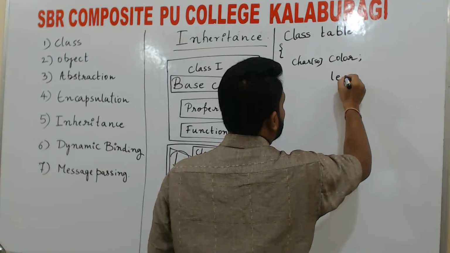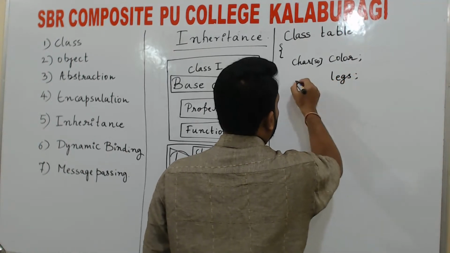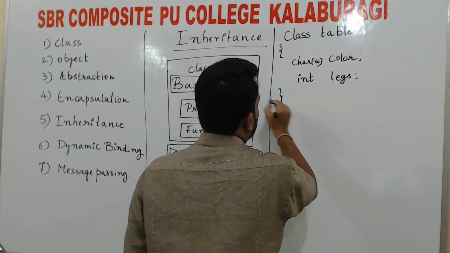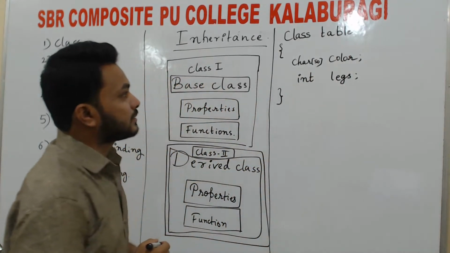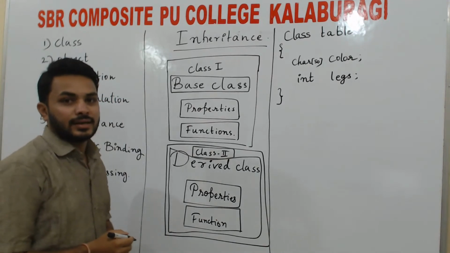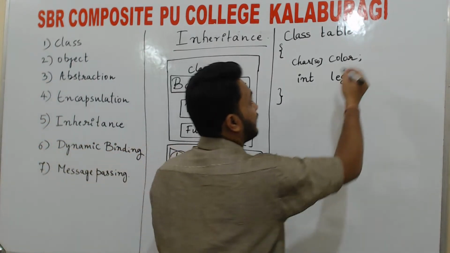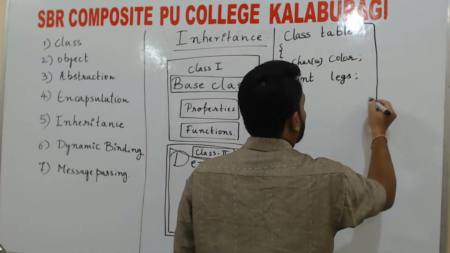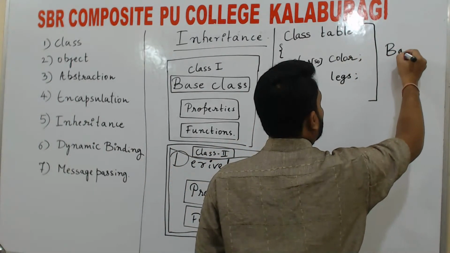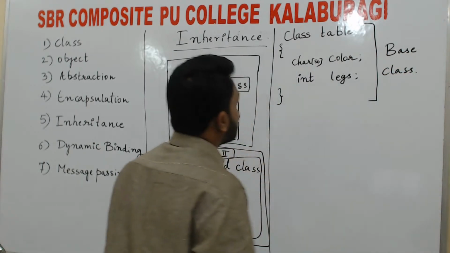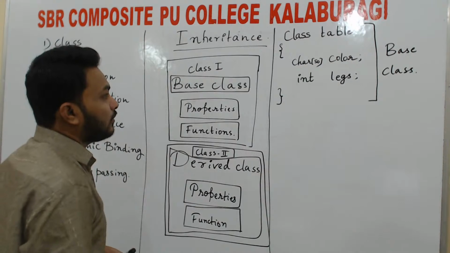Then it has legs. This is the end of a class. So the first class we write in the program is the base class.